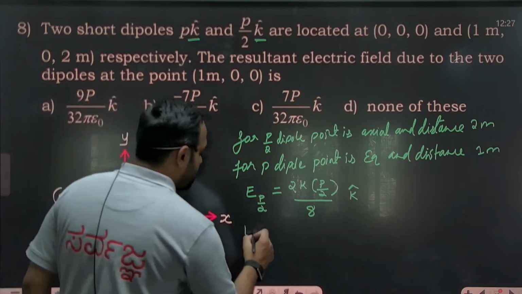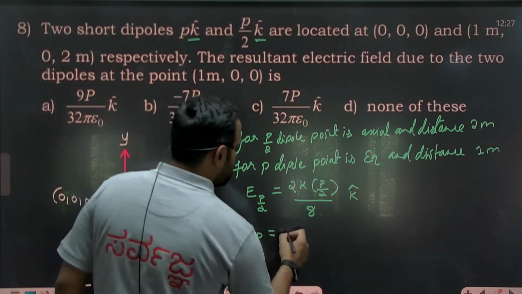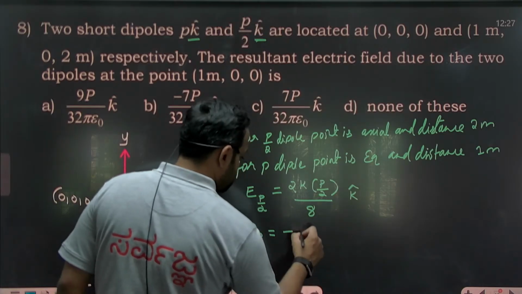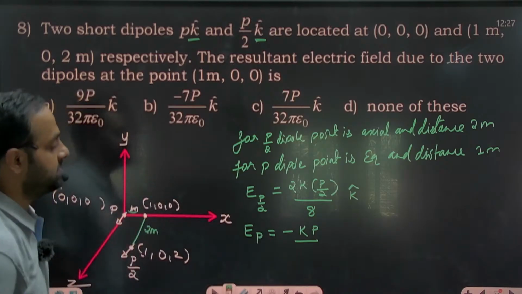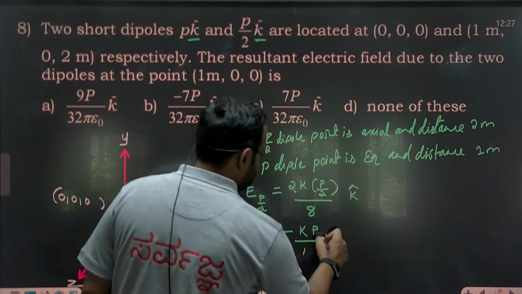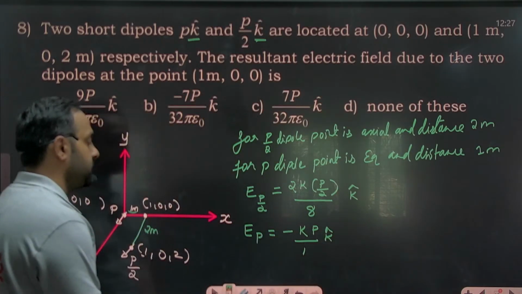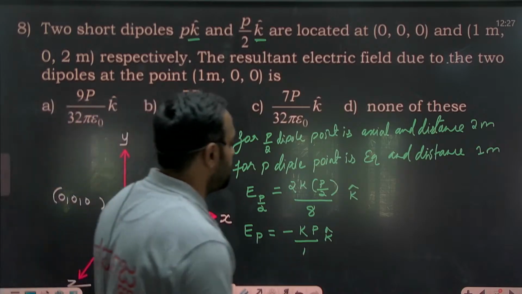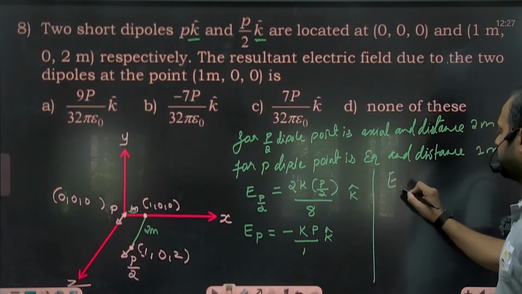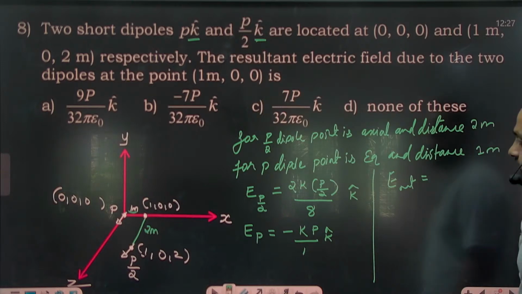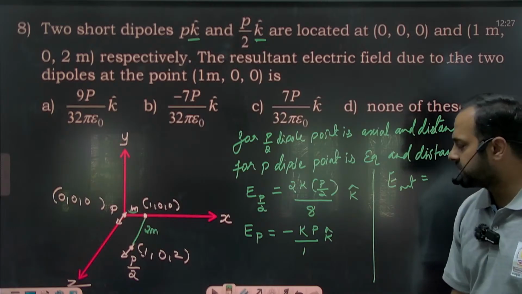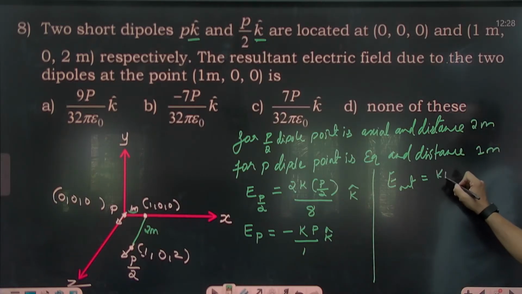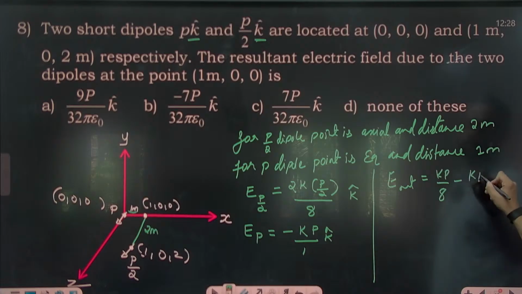Now what will be the electric field because of P? Minus kp divided by R cube. R cube is 1 cubed, which is 1. Add these two for the net electric field. The net electric field will be kp by 8 minus kp. What does this come to?